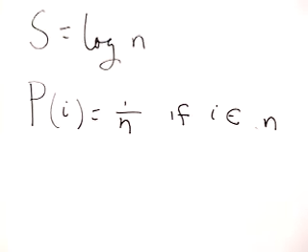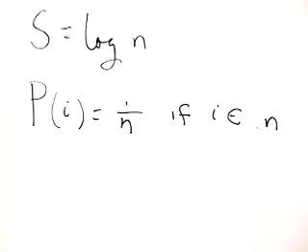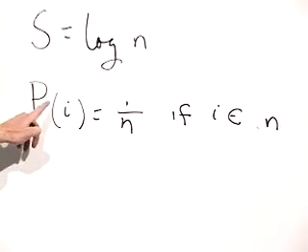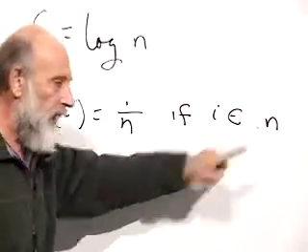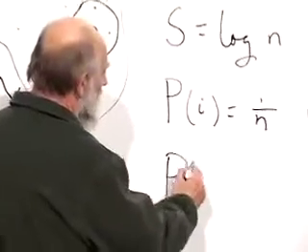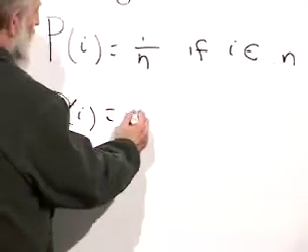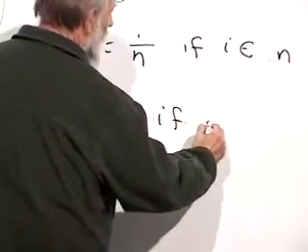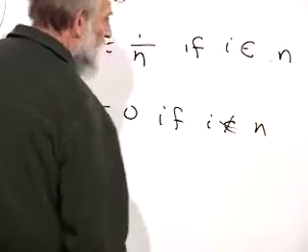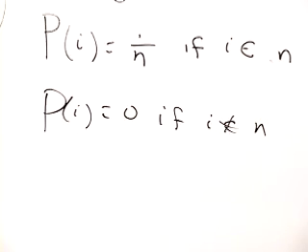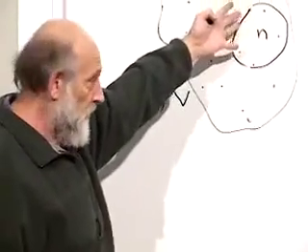This is the subset n. I've used n to label both the number of elements and also the subset itself. P sub i is just 1 over little n if i is in n, and P sub i is 0 if i is not in n. That's what it means to say we know the system is in n, but we don't know anything else.